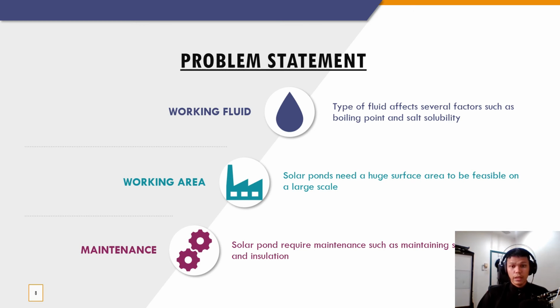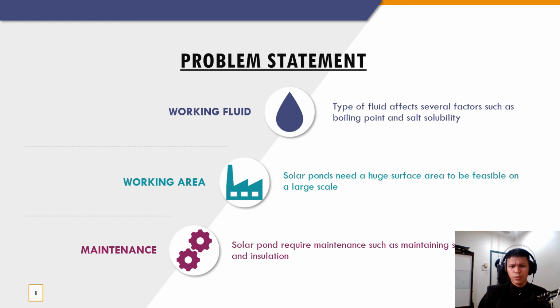Moreover, salt cannot be dissolved in oil at all. So, establishing a salt gradient using oil is out of the question. So, water is the obvious fluid of choice due to its availability, its reliability, and the desired physical and chemical characteristics of water.